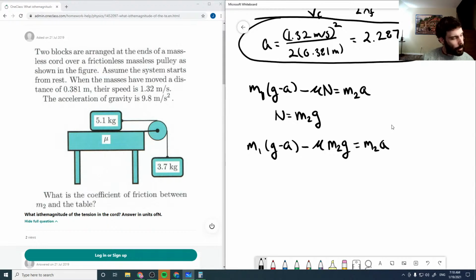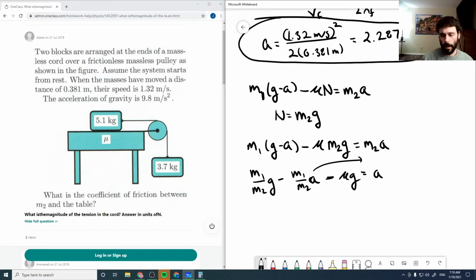So now dividing through by M2 and separating this out, we've got M1 over M2 g minus M1 over M2 g a minus mu g is equal to a.